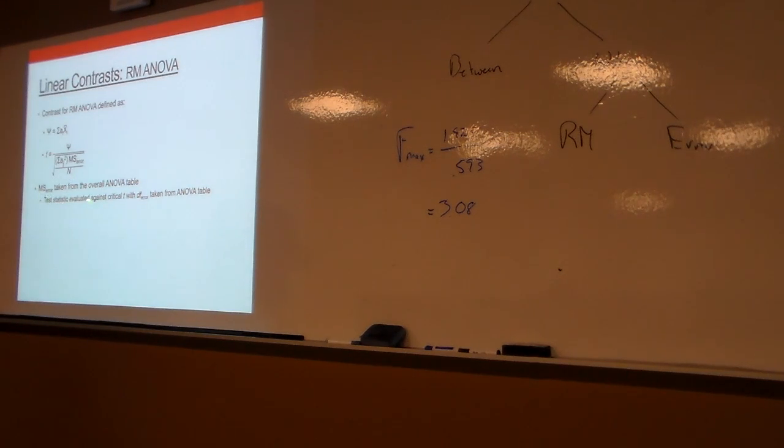This mean squared error is taken from our ANOVA table. It's going to be that repeated measures error term. And then we test this against a critical t with degrees of freedom taken from our ANOVA table as well. We just tweak this a little bit to make sure that we're running a correct test for our within-subjects effects.